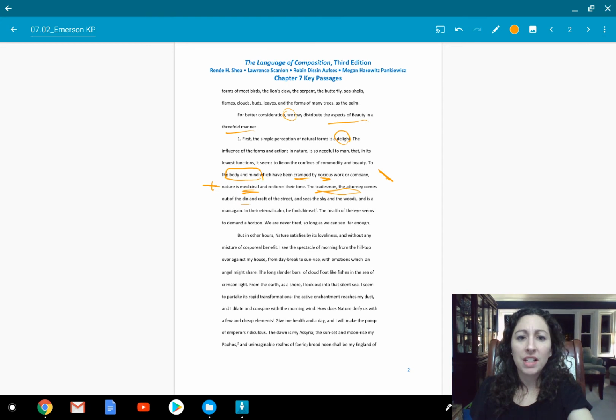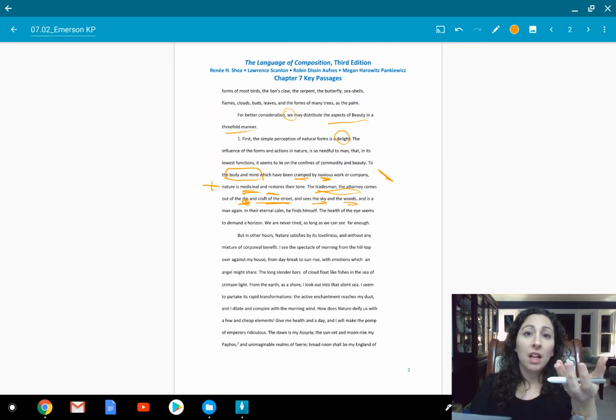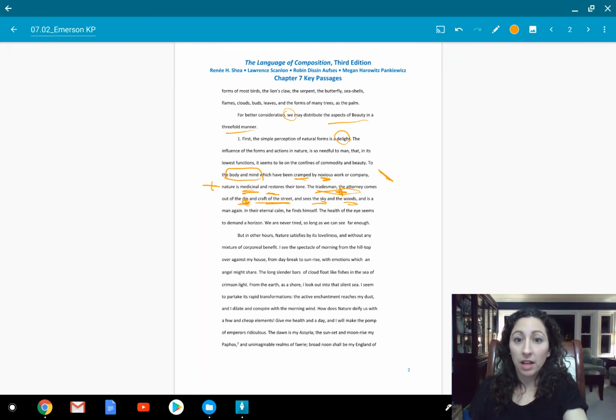Comes out of the din and craft of the street, so the noise, and sees the sky and the woods. So we have, again, that sense of parallelism creating this compare and contrast moment. One is clearly negative and one is clearly positive, and is a man again, right?